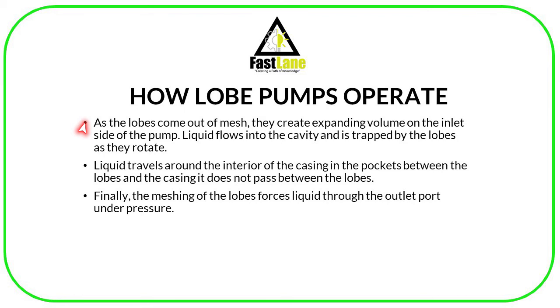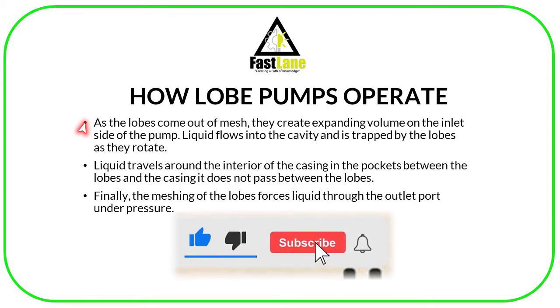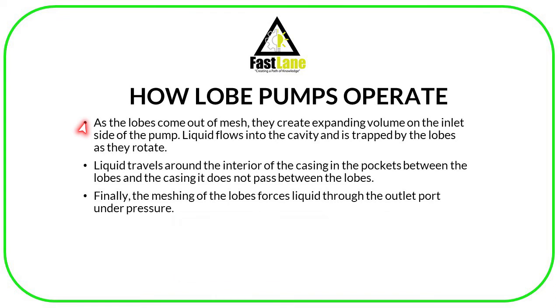Then the meshing of the lobes forces liquid through the outlet port under pressure. So I think, guys, you can see that lobe pumps almost operate in a similar way as external gear pumps, just that this one has lobes and the lobes do not make any contact. Yet in an external gear pump, the gears come into and out of mesh with each other.